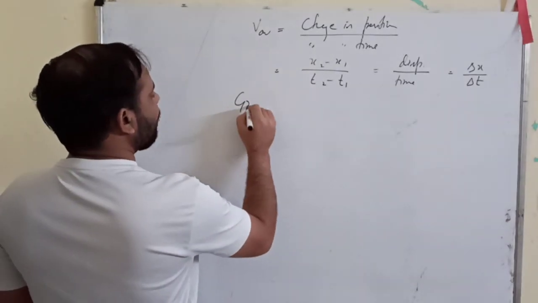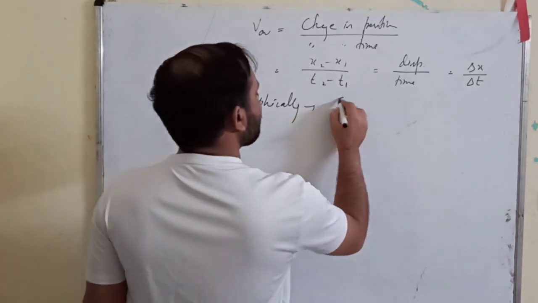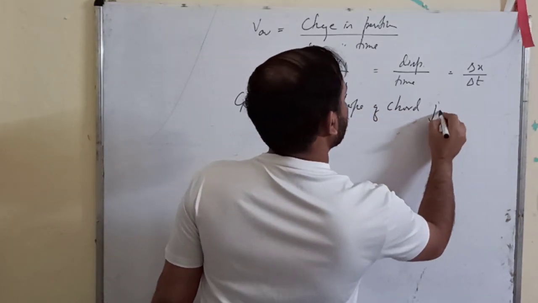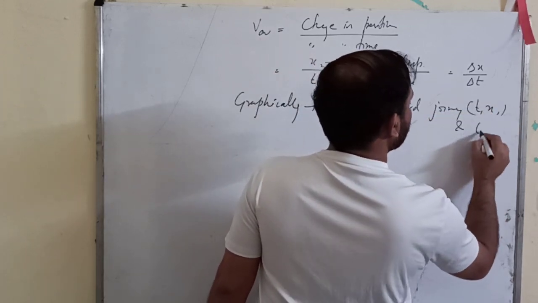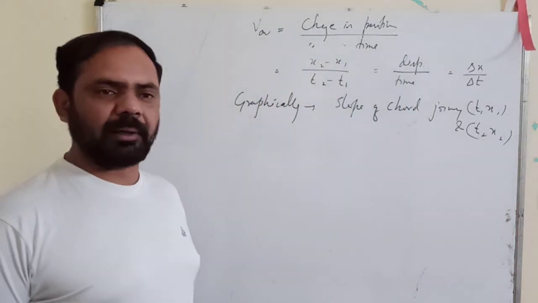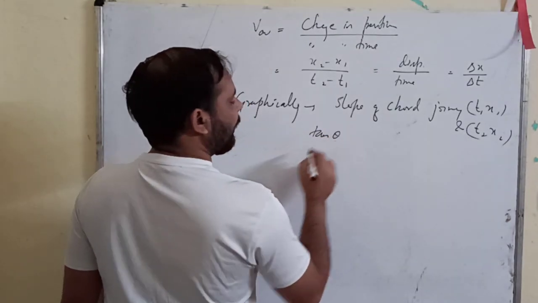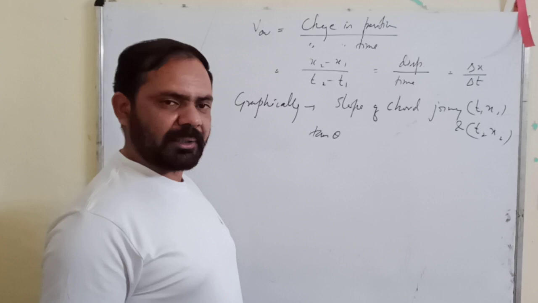How will you find it graphically? Graphically it means the slope of the chord joining T1 x1 and T2 x2. How will you find the slope? By tan theta, where theta is the angle made by the chord with the positive direction of the time axis.